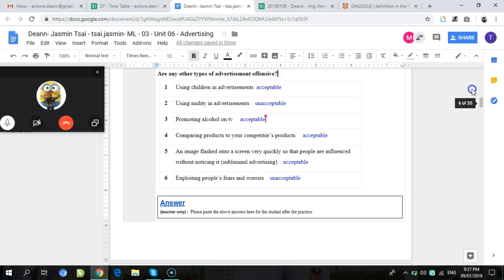Okay, so you don't like something that would put femininity down, right? I think that's a bad image for women.